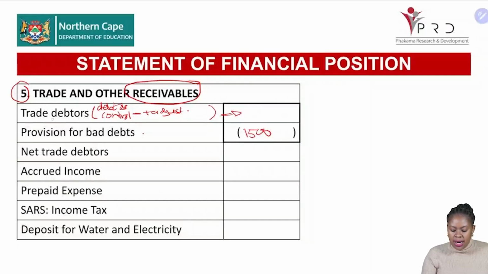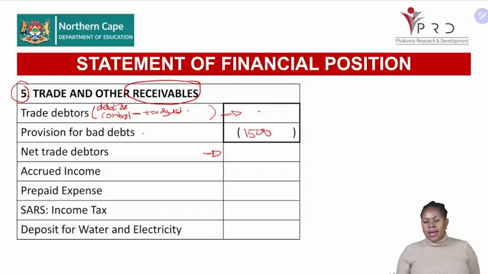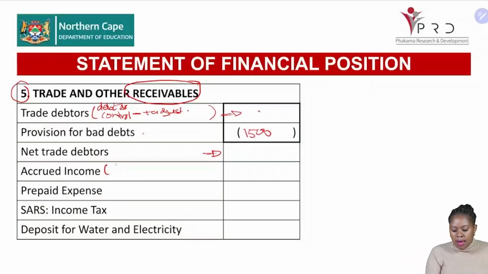Then you take the trade debtors amount, you subtract your provision for bad debts, and that will give you your net trade debtors. Okay. Then from that point, you are going to take your accrued income, right? That is the income that you have not yet received, right? Can be rent income.